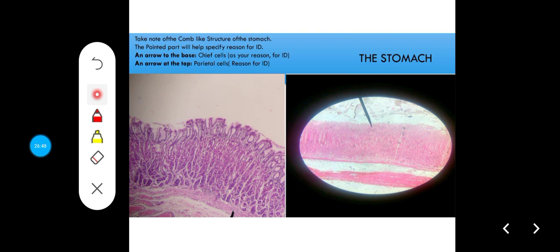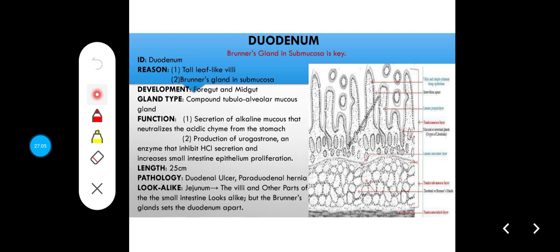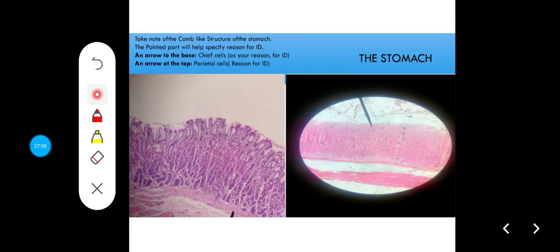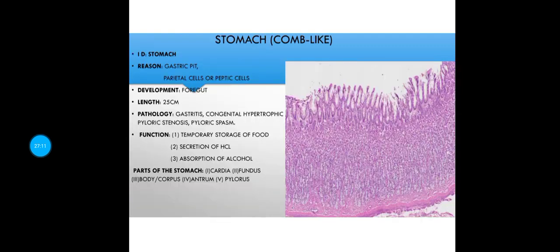It also contains a submucosa, but those are not really remarkable here. You can't really appreciate much of them here. Then the muscle layer is covered on the outside by the serosa or the adventitia. So that's it about the histology of the stomach.